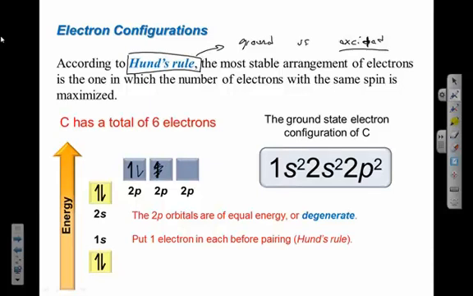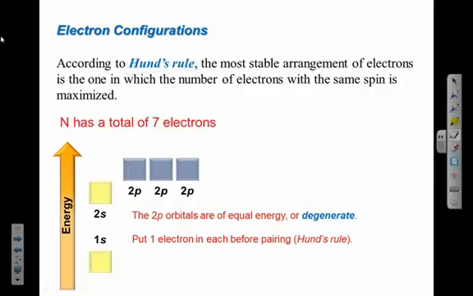If I use the right amount of energy, just that amount of energy difference between the ground state and this excited state, I can convert it from a magnetic to a non-magnetic element by pairing up the electrons and giving them the opposite spin. Right, so we can observe the magnetic properties of the substances and use that to match it up with the behavior of the electrons and the spins that they display.